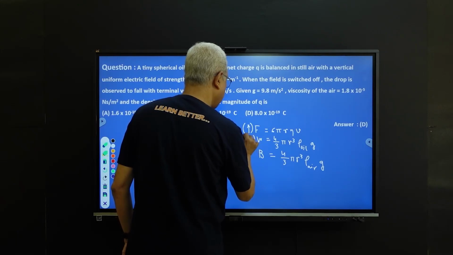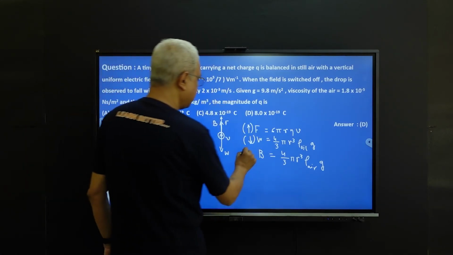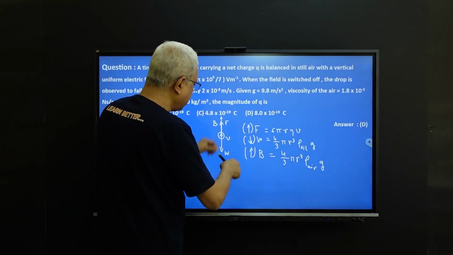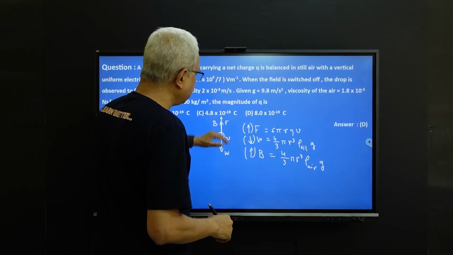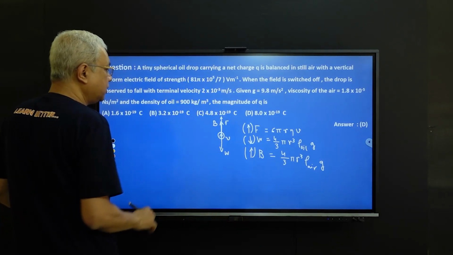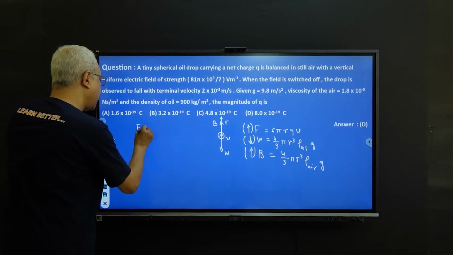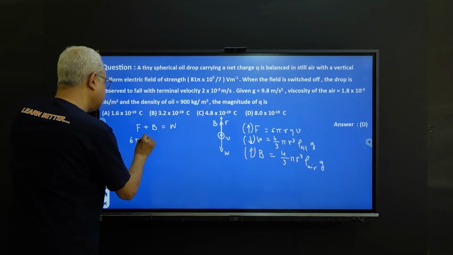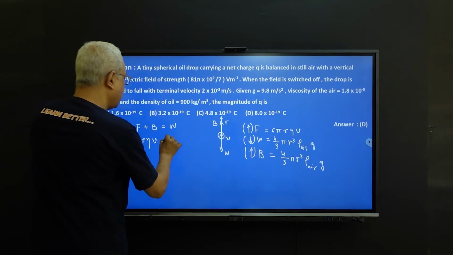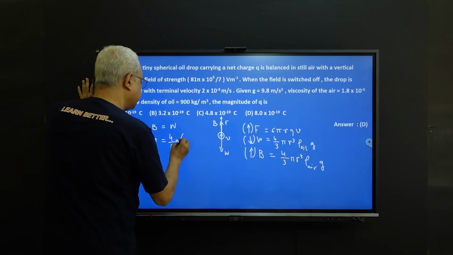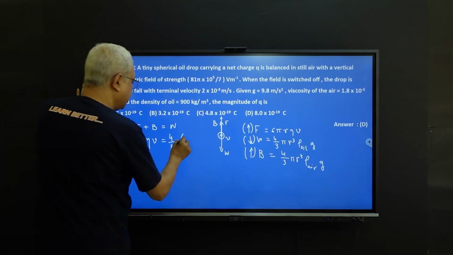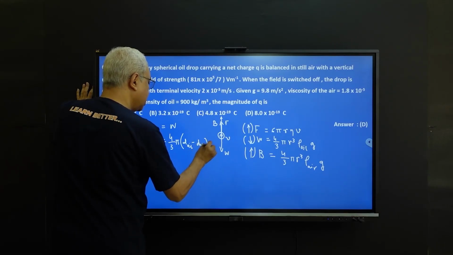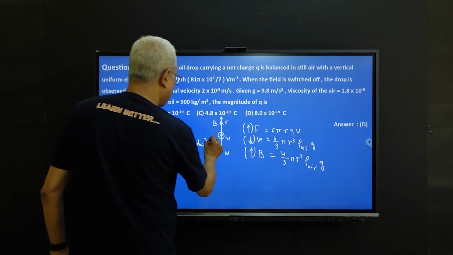Remember, this force is a viscous force acting in the upward direction. This is the weight of the oil drop acting in the downward direction, and the buoyant force is acting in the upward direction. So when the body is moving with constant terminal velocity, at that stage there is no net force on the body. So F plus B must be equal to W. So 6 pi r eta V is equal to 4/3 pi (d oil minus d air) into g into r cube.